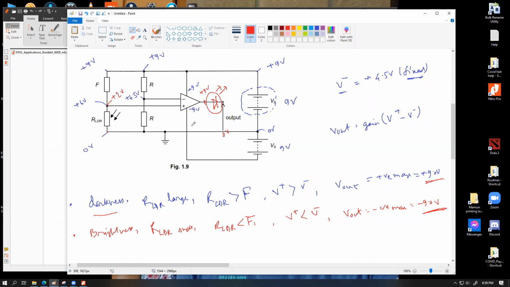One is that if you replace this LDR with any other sensitive component, for example, in this place of LDR we can place a thermistor. This whole thing will become a temperature detector. In the place of an LDR, we can place a metal wire strain gauge. This whole thing will become a stress detector or strain detector.